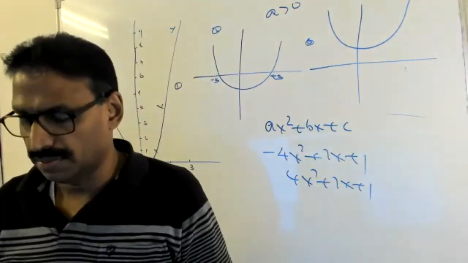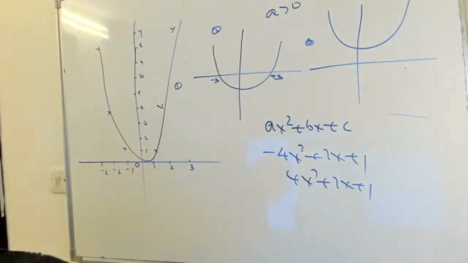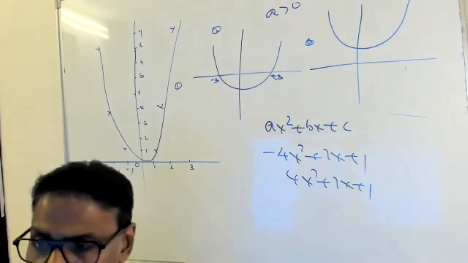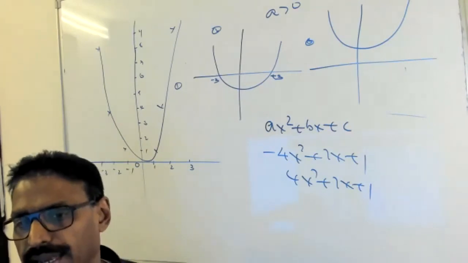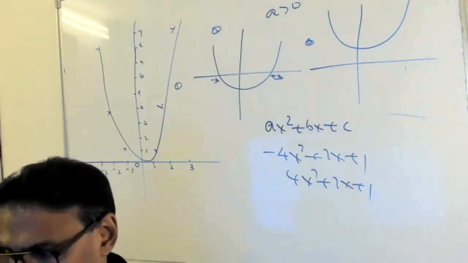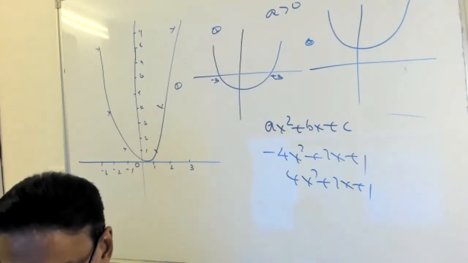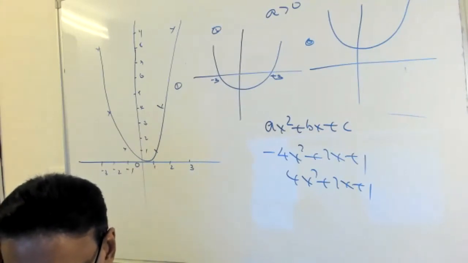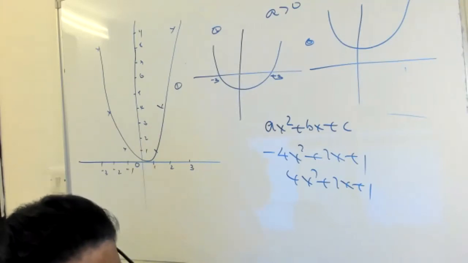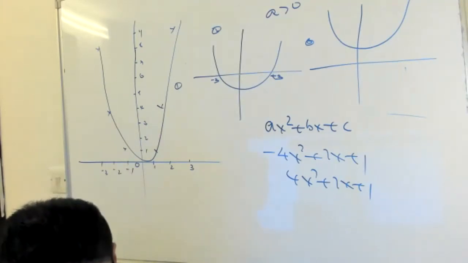Clear or not? That means open up or open down depends on the value of A, the coefficient of x square. Clear? Yes, sir. Okay.